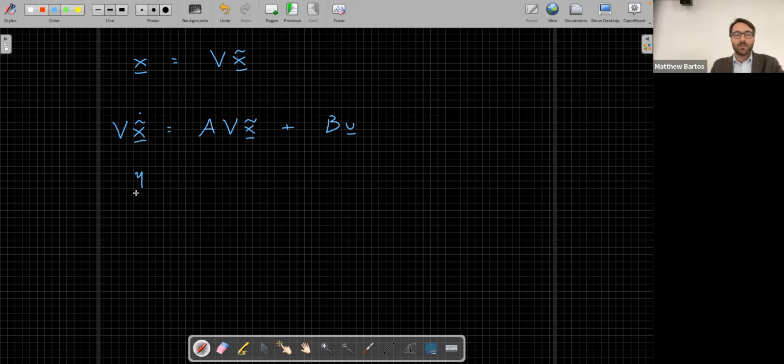And for the observation equation, we have that y is equal to C V x tilde plus Du. All right, so we can go ahead and pre-multiply by V inverse. This goes away and comes in on this side, and we get V inverse A V x tilde plus V inverse Bu.